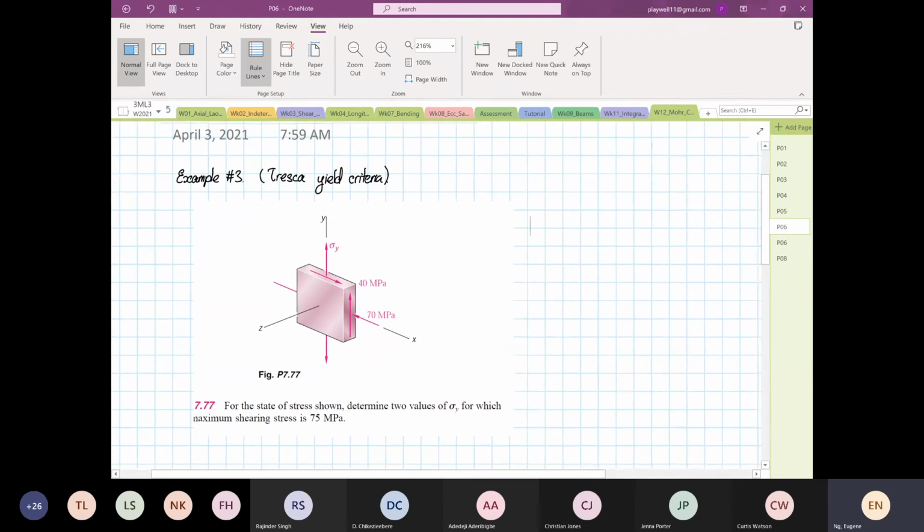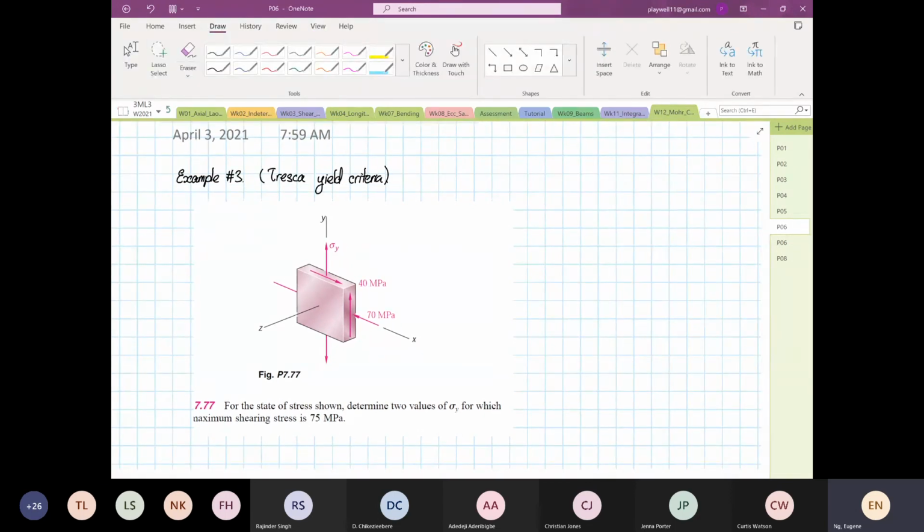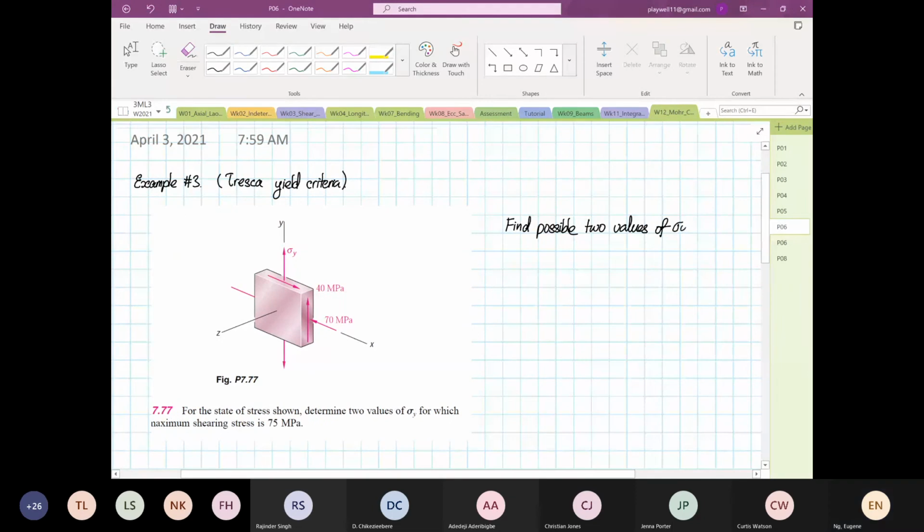What we are asked to identify is to find the two possible values of stress Y. Given the state of stress, it also highlights that tau max is equal to 75 megapascal.